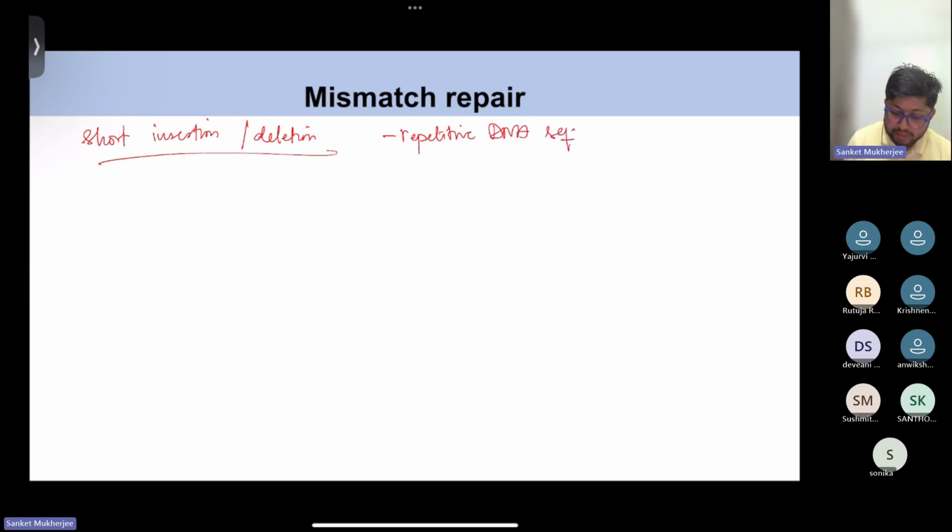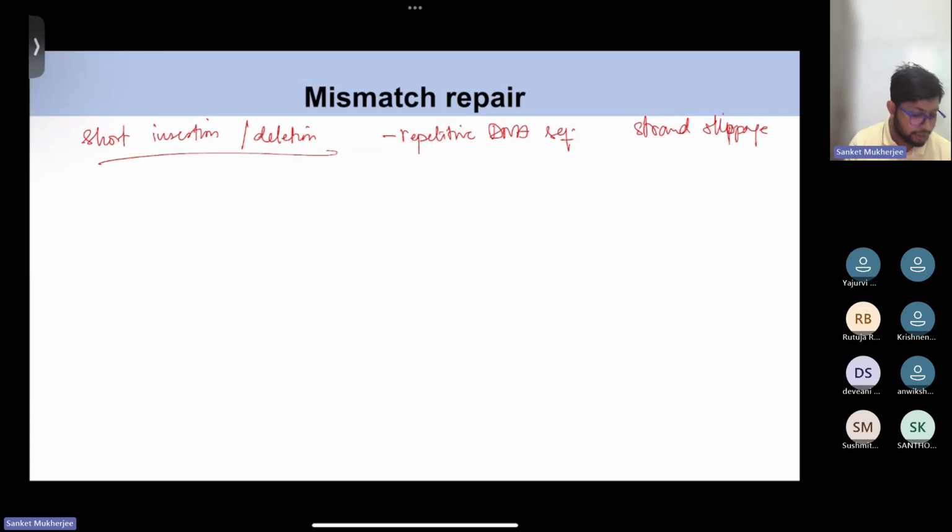Right? If you remember, we said that in repetitive DNA sequences there is something called strand slippage. So if there are strand slippage events and short insertions and deletions, that could lead to the mismatch repair pathway getting activated. It is also highly conserved in eukaryotes and prokaryotes, meaning this is a very important process for DNA repair, right?